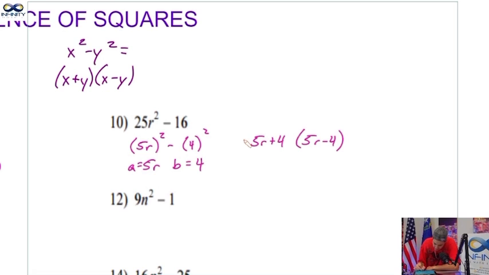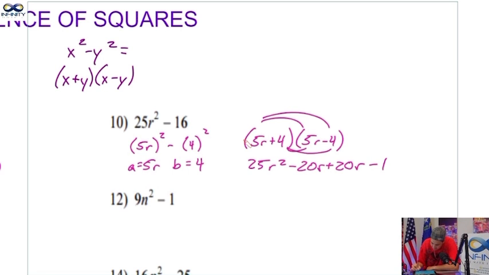And again, if we were to FOIL that out, we would get 25r squared minus 20r plus 20r minus 16. And the 20r's would cancel each other out since they're different polarities, and we're back where we started. Are you ready to speed through a couple of these? It shouldn't be a problem.